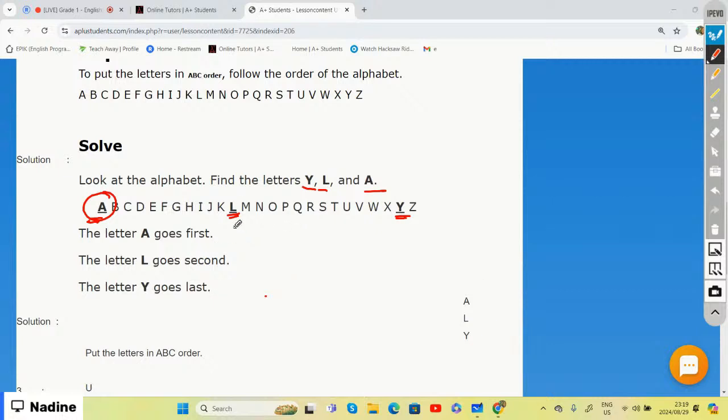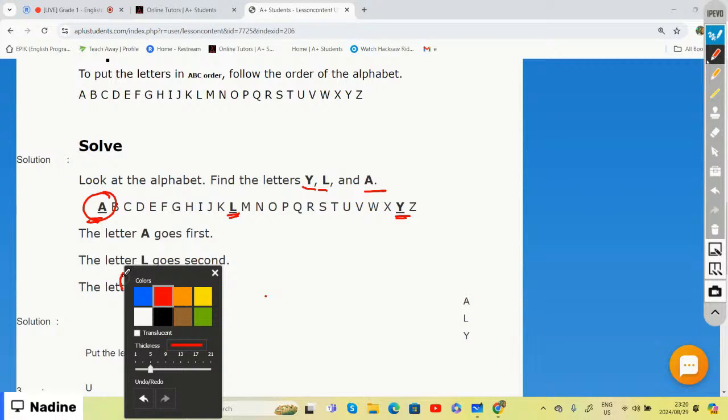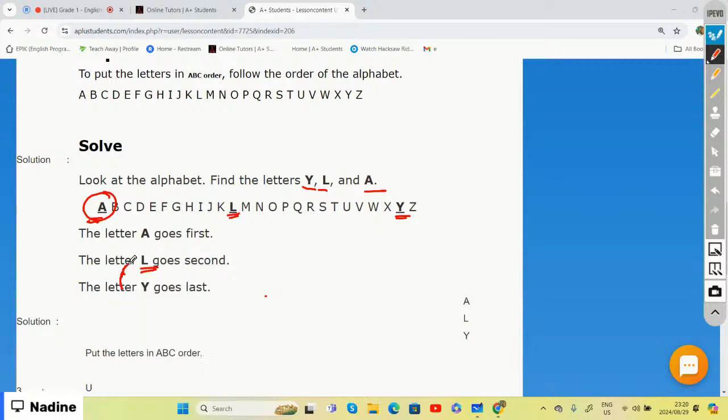Then the next letter we had to identify is L, which is over here, the second letter. And then we have Y, which we have over here: ally.